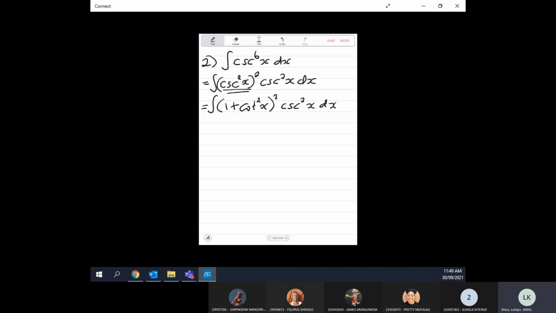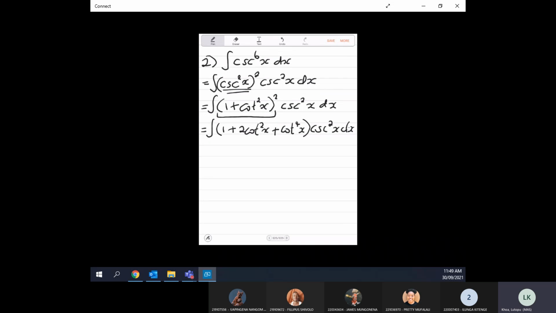So we would multiply out this bracket, we square it, and then multiply that with cosec squared x, and that will give us the integral of 1 plus 2 cot squared x plus cot to the power of 4 of x, and this has to be multiplied by cosec squared x dx.